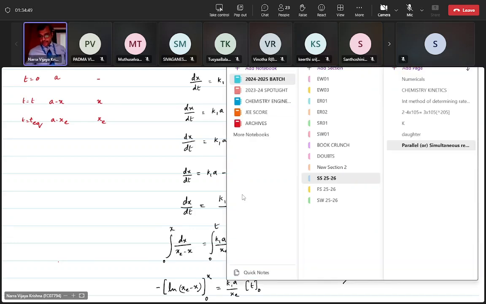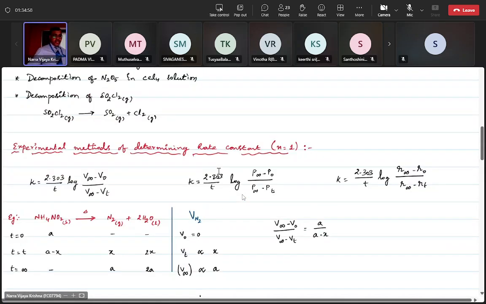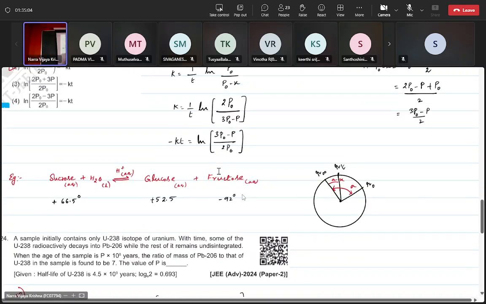Now, come back. In the previous class, we have seen experimental methods of determining rate constant. After that, according to our syllabus, we have seen parallel reactions, which are simultaneous reactions. Sequential and opposing are extra concepts, right?